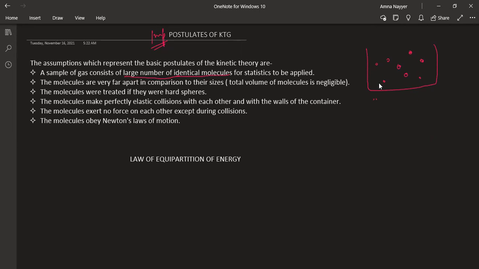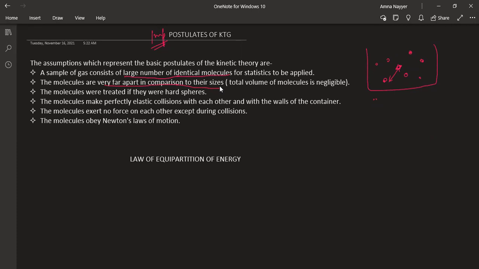But when you observe it microscopically, you will see one particle here, another particle here, because their sizes are so small that even the distance between them appears to be greater. That is what is meant by the second postulate, that they are very far apart from each other in comparison to their sizes.